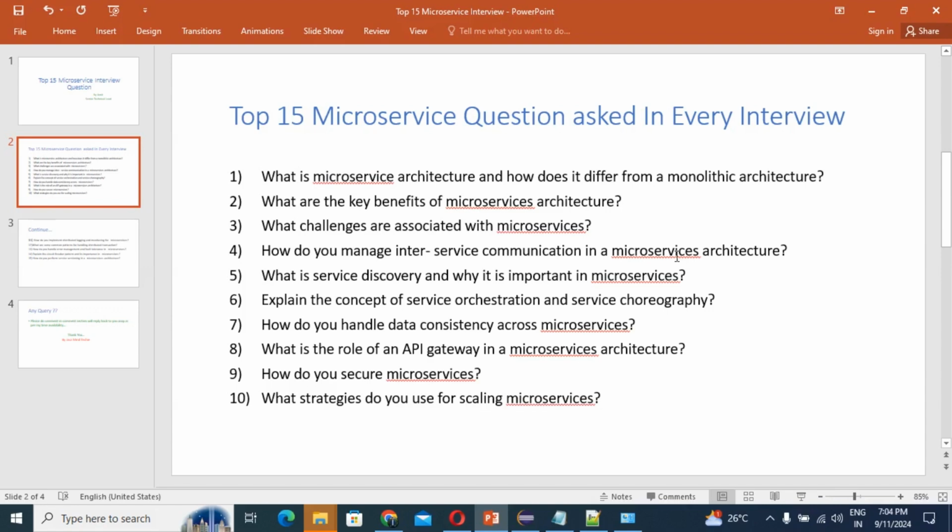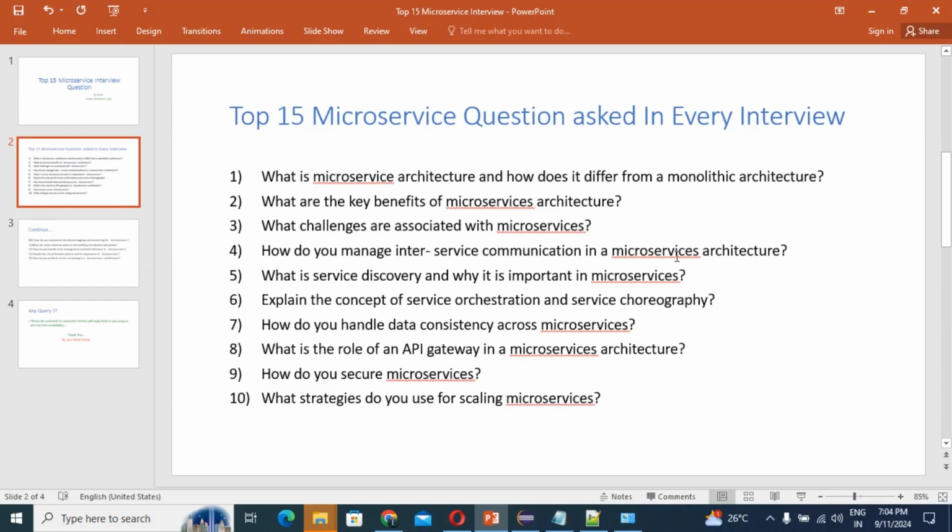In another way, we can look at it in contrast to monolithic architecture. How is it different from monolithic architecture? Monolithic architecture is a traditional approach where the entire application is built as a single unified unit. As the name refers, monolithic means single architecture.